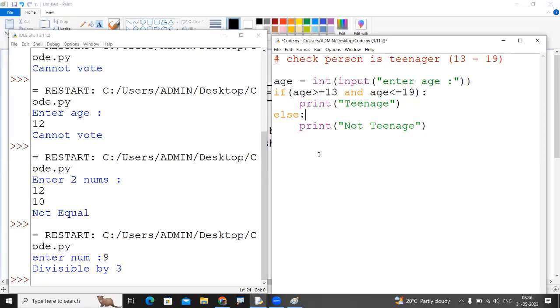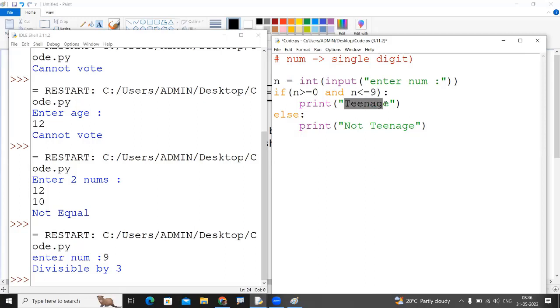Check whether the number is a single digit, 1 digit, 2 digit or 3 digit. Okay, that's easy. Check the number is single digit. Enter the number n. It is in between 0 to 9. So n greater than or equal to 0 and n less than or equal to 9 is a single digit number.